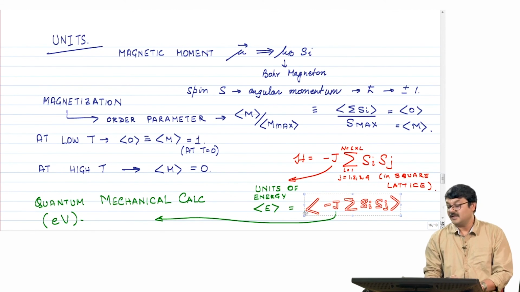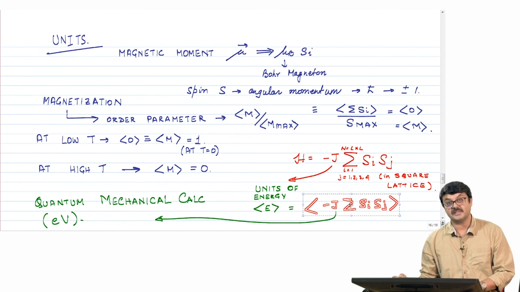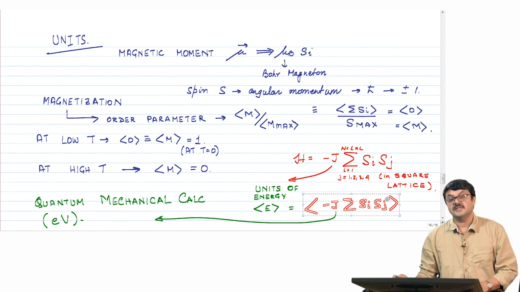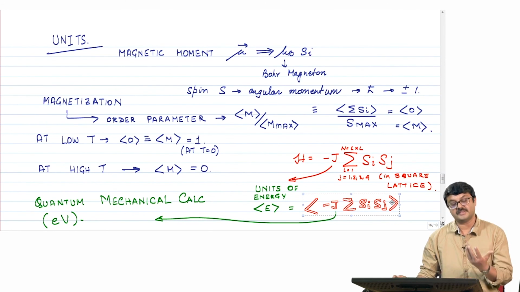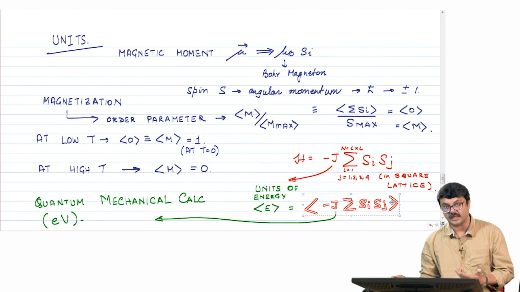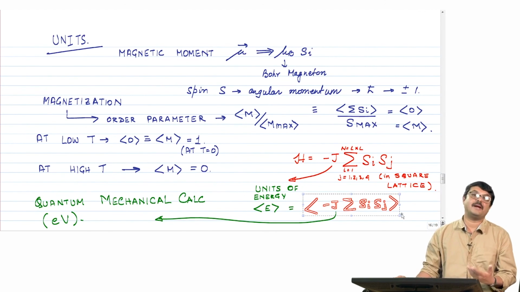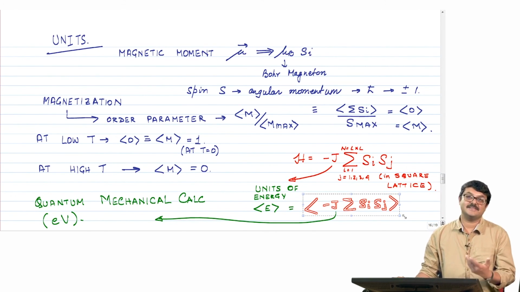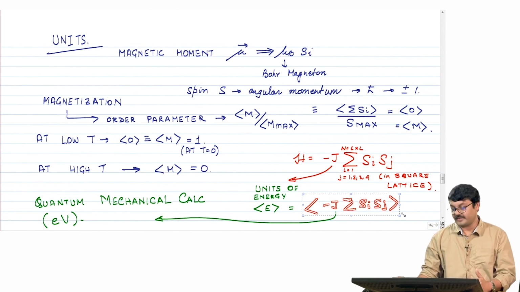This quantity within the angular brackets is going to be determined by the spins of a particular microstate, arranged in a particular manner at the end of one Monte Carlo step, and that will give the instantaneous energy of that lattice at the end of a microstate.